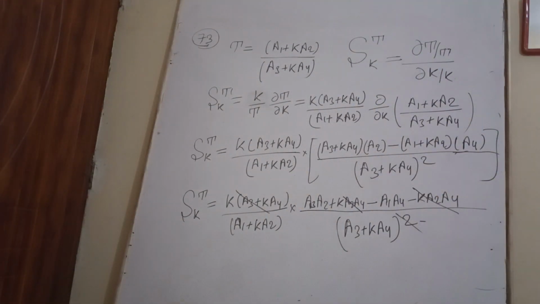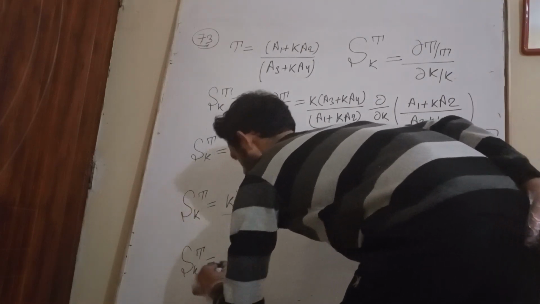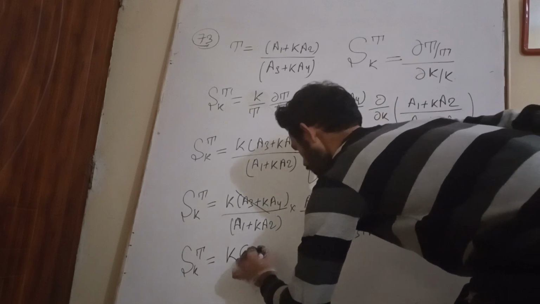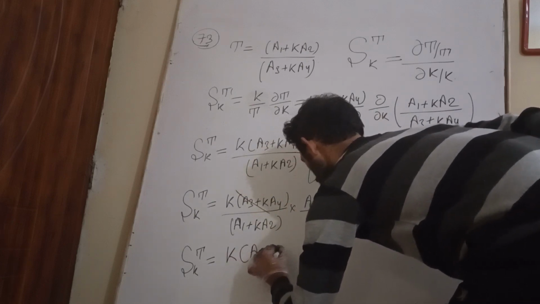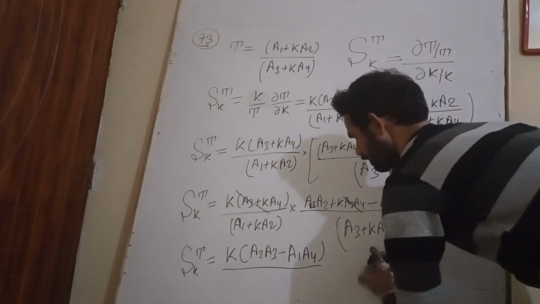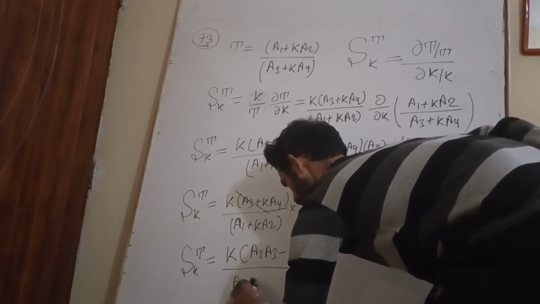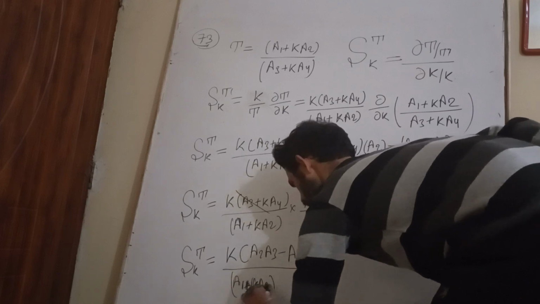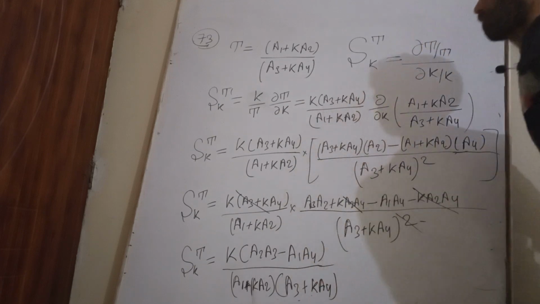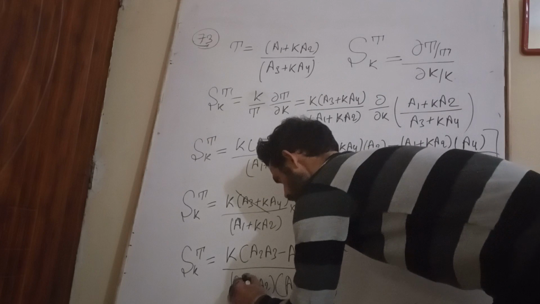Now we are left with S_k^T, which is nothing but k into (a2 a3 minus a1 a4) divided by (a1 + k a2) into (a3 + k a4).